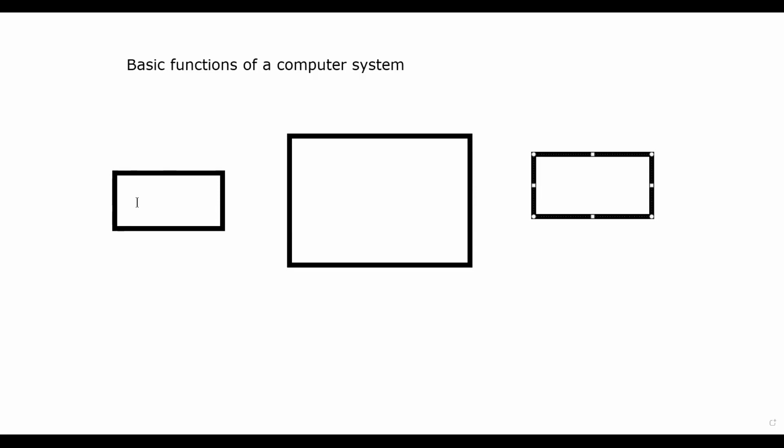So this we call input, and this is output, and then this will be the process. So this is how a system works. So input, and then it performs the process, and then you go to the output. So this is how the computer system works.